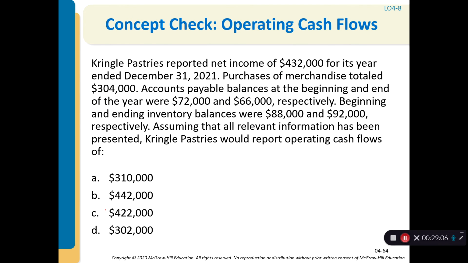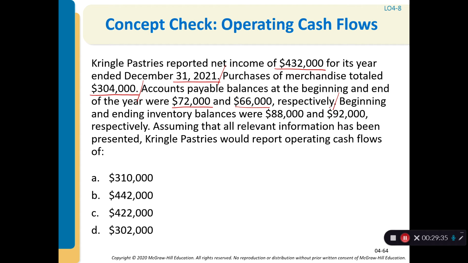Okay. So another example is Greengler Pastries, which reported net income of 432,000 for its year ending December 31st, 2021. Purchase of merchandise totaled 304,000. Accounts payable balances at the beginning and ending of the year were 72,000 and 66,000 respectively, right?